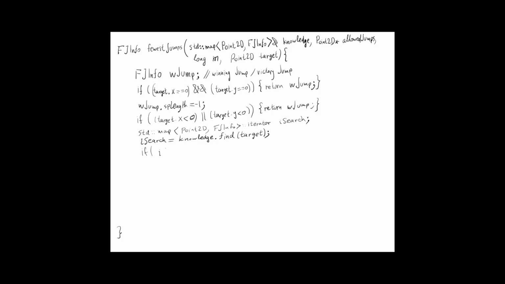If iSearch is not knowledge end, this means that we don't have to call the recursion. We already know the answer. We can immediately return iSearch second.